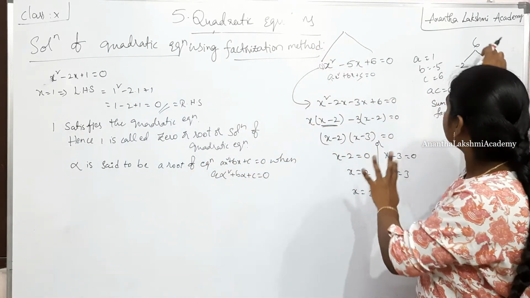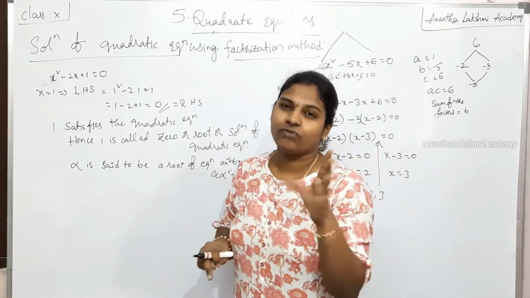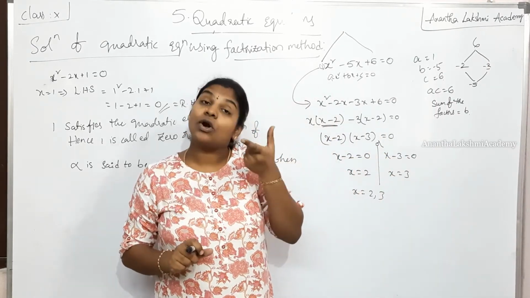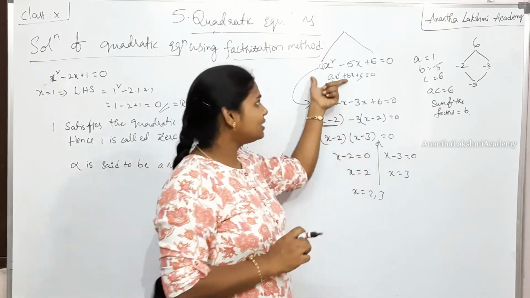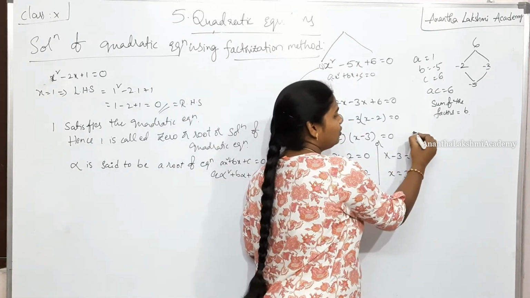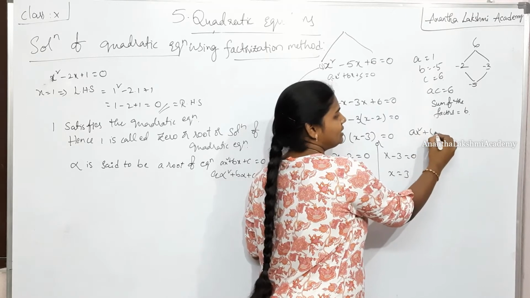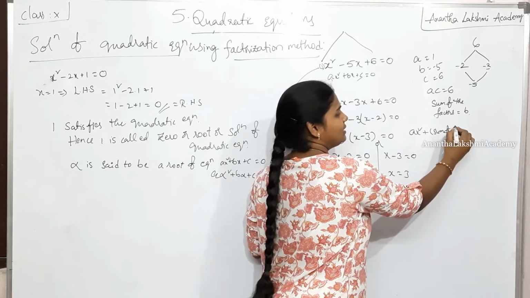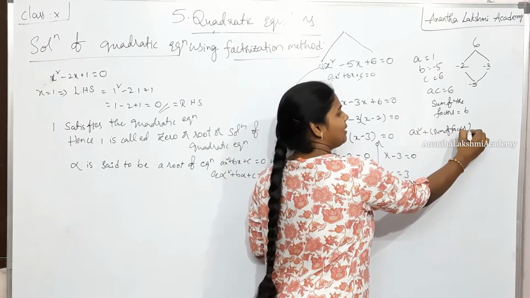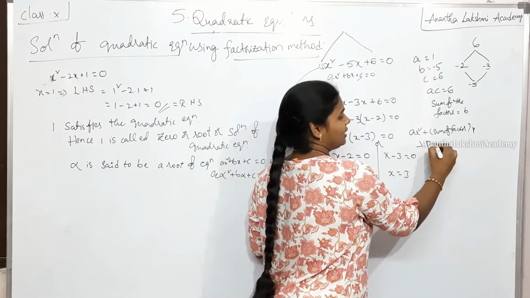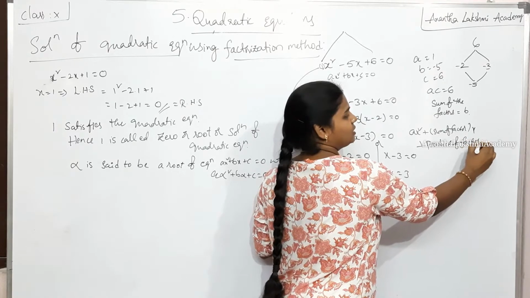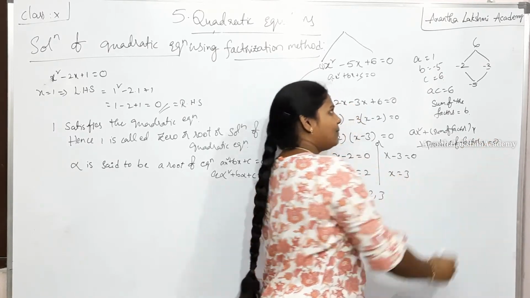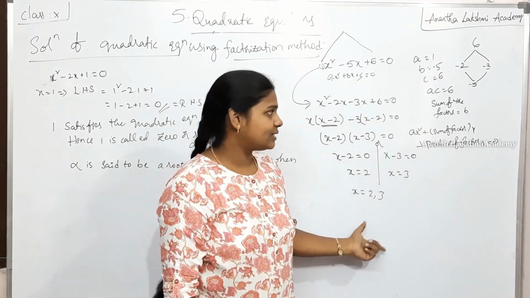I have told you this concept because in a few of the problems they are giving the product of the numbers is this, sum of the numbers is this. Then using the factorization method, you could write it as x square plus sum of the factors into x plus product of the factors. Like this you can write in the problems. So for that reason, I have explained all this concept.